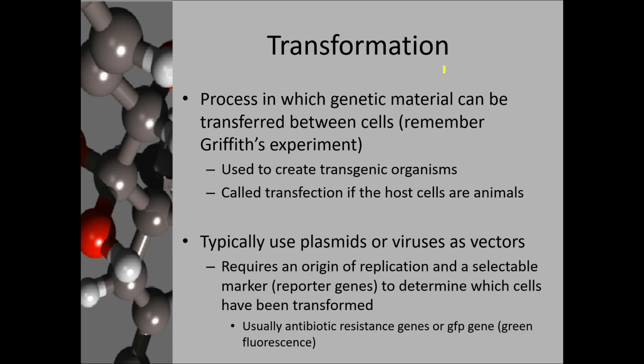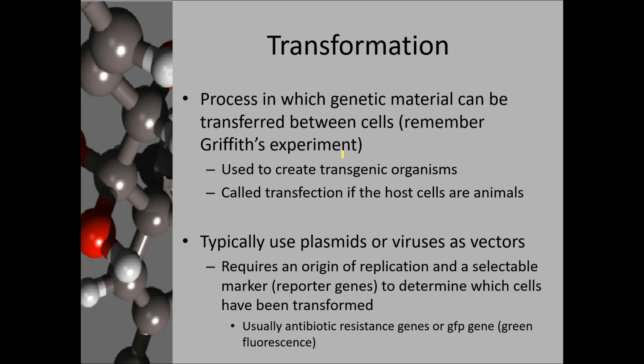So if we're transforming an organism, we're trying to get it to take in the foreign DNA. And so what we can do is we can kind of play with those organisms like the bacteria. We can expose them to certain conditions and make them more susceptible to taking in that genetic information. So if we transform an organism, we just transfer that gene into them, okay?